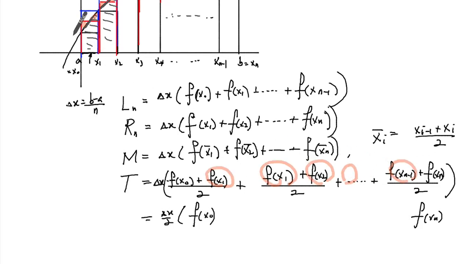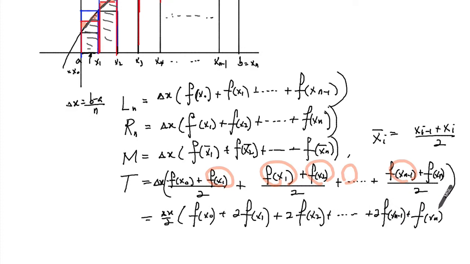Every single term in between will get added twice, all the way until the end. So those are the left-hand estimation, right-hand estimation, midpoint, and trapezoid.